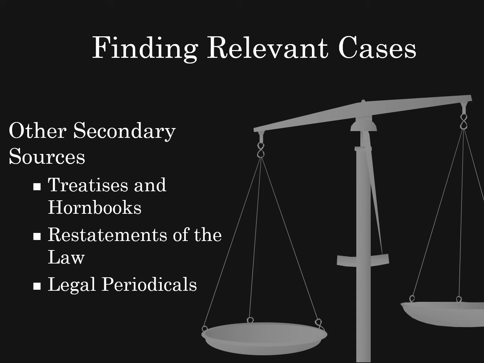Some other secondary resources, you've talked about some of them, or you've read about them in 1L: treatises and hornbooks, restatements of the law, which we talked about in, I believe, chapter 6, and legal periodicals like law review articles.